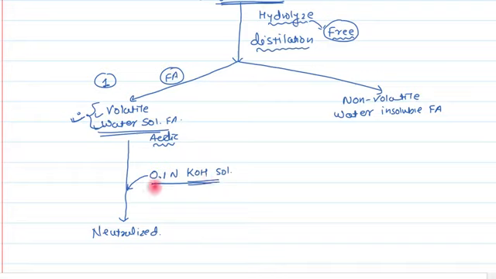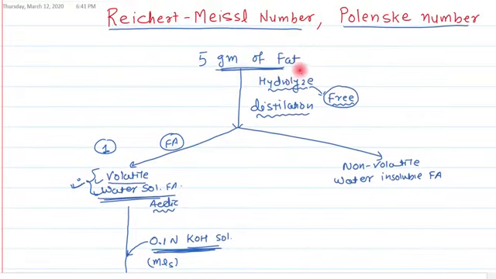The number of milliliters of 0.1 normal KOH solution required to neutralize all the volatile water soluble fatty acid obtained from the 5 grams of fat is known as the Reichert-Meissl number.